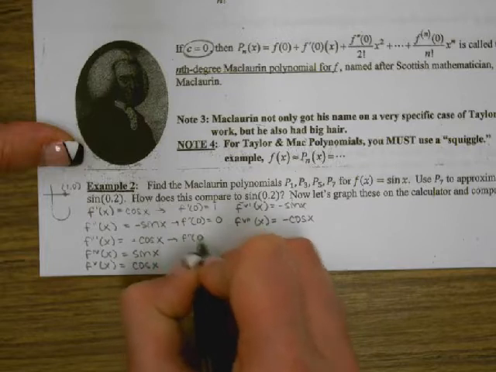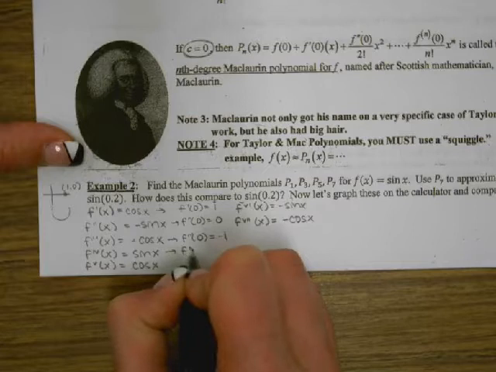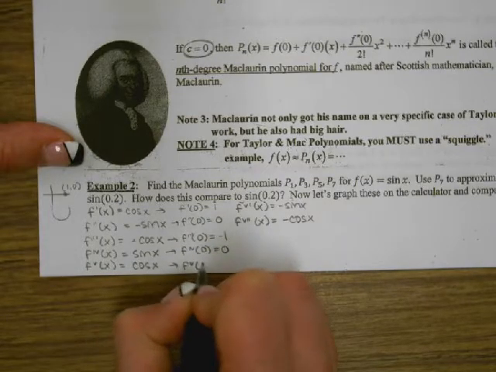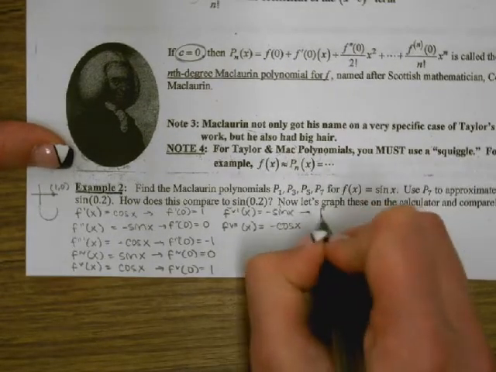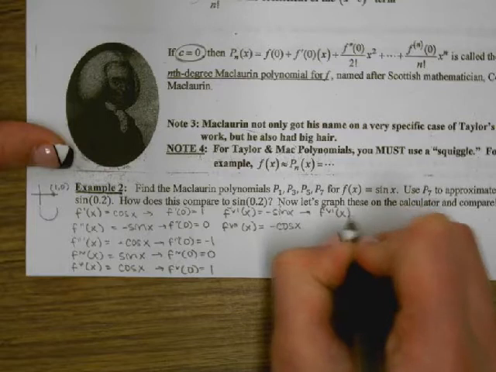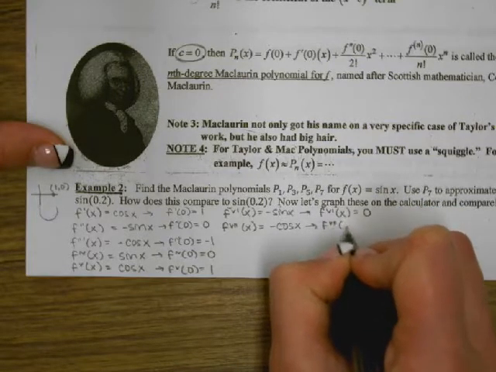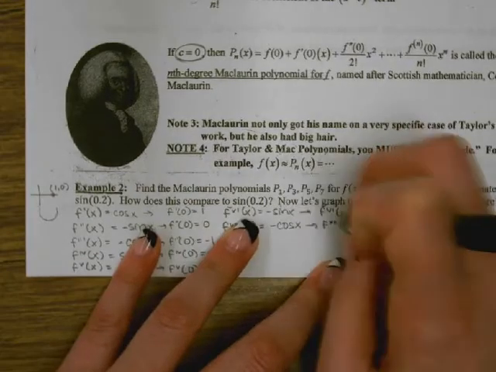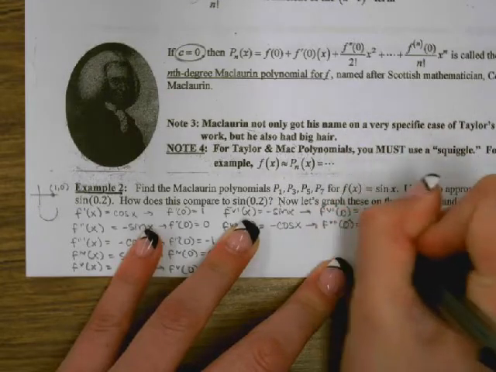The third derivative evaluated at 0 is negative 1. The fourth derivative is 0. The fifth derivative is 1. The sixth derivative is 0. The seventh derivative, evaluating those at 0, is negative 1.